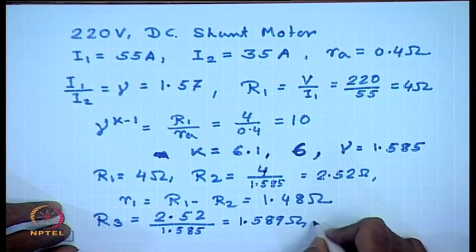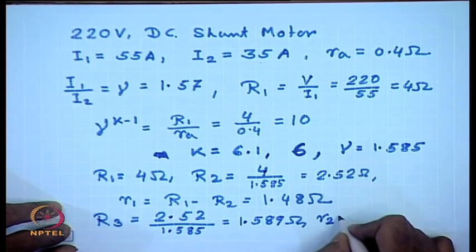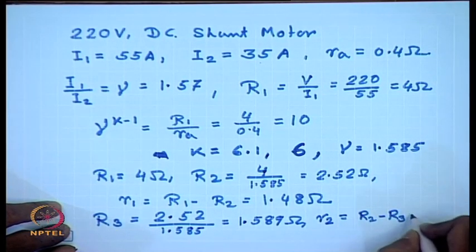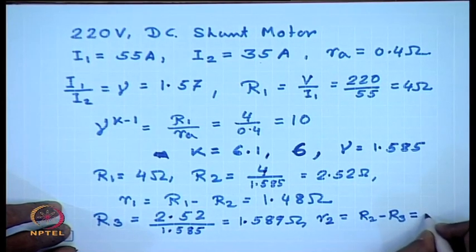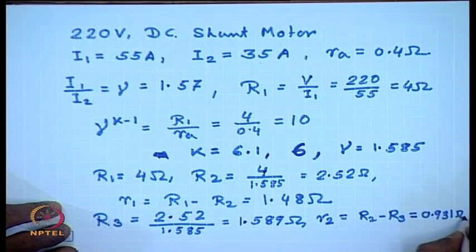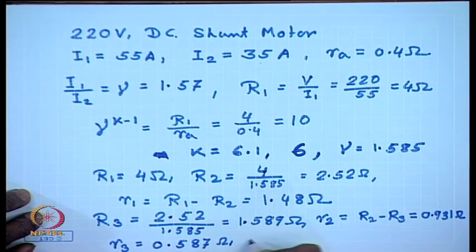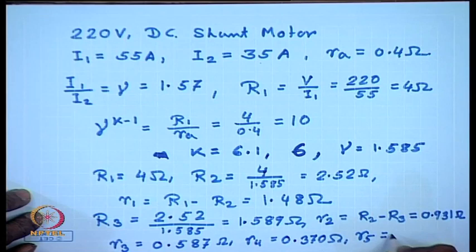Hence, small r2 equal to capital R2 minus R3 equal to 0.931 ohm. In the same manner, we can proceed and find out R3 equal to 0.587 ohm, R4 equal to 0.370 ohm, and R5 equal to 0.235 ohm.